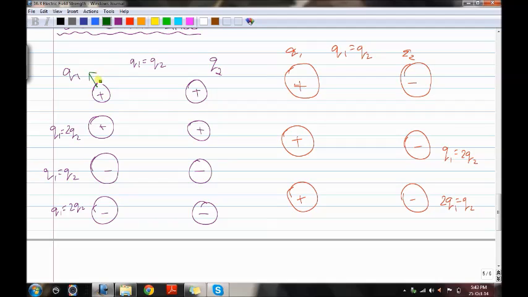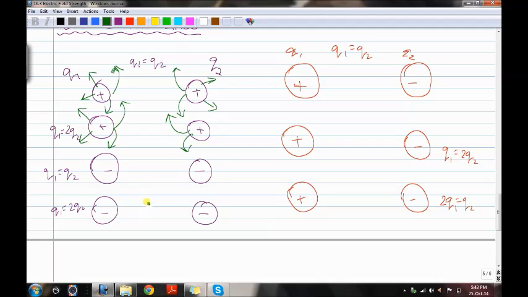Here we would draw, and the same thing for this, and they will both bend like that. They're the same, remember? Now in the second one, the Q1 is bigger than the Q2, so it would be like that, and then it would bend. We do the same thing for the Q1, but for the Q2 it will change. Those lines will not exist here, so we'll just bend those lines.